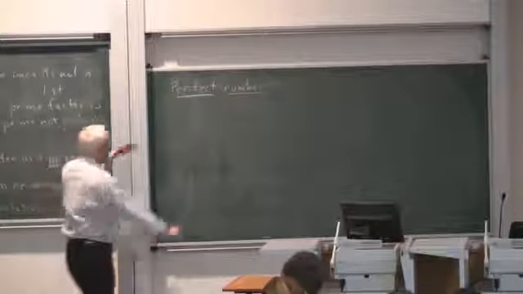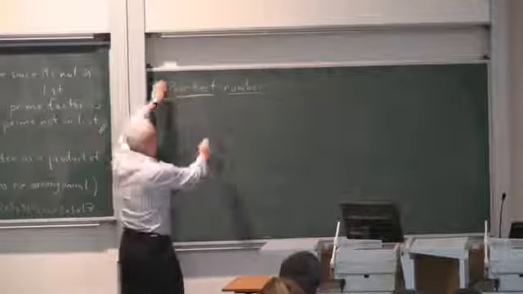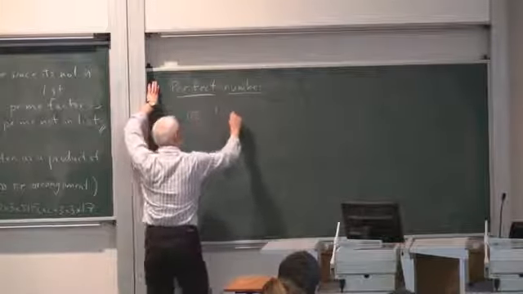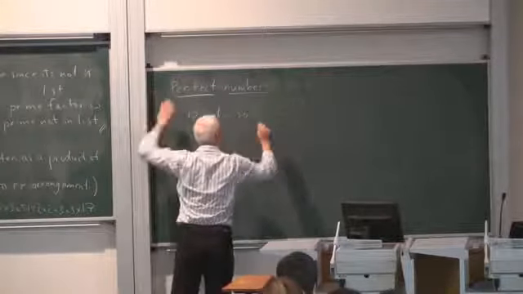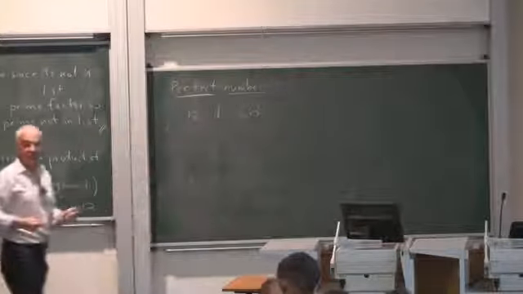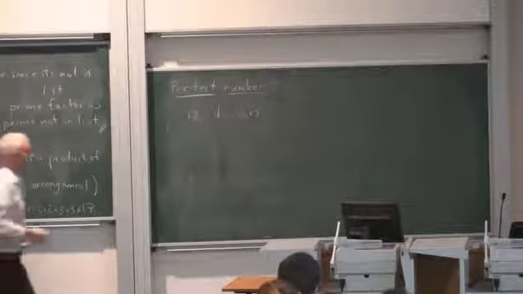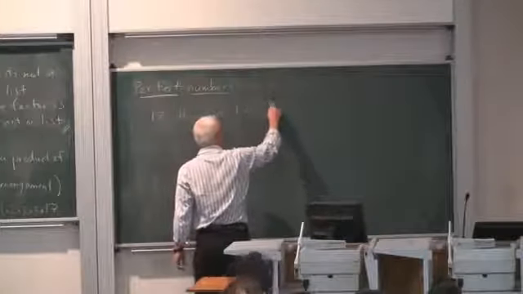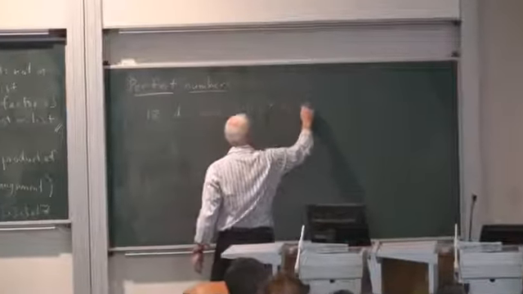Well, it's a number that you get by looking at all the divisors. So suppose we take a number like 12, and we consider all its divisors. So these are just numbers that divide 12. So they are 1, 2, 3, 4, 6, and 12 itself.